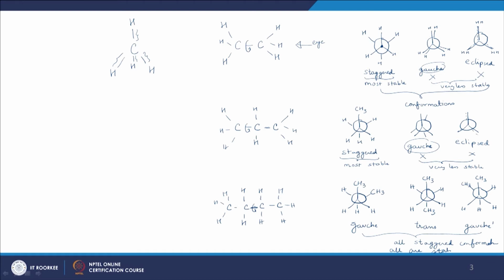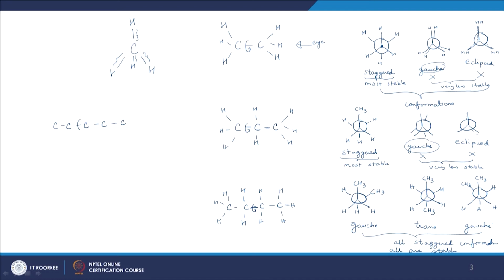Now, if I extend the logic to, for example, molecules like pentane, hexane and so on, what you will see is there is a possibility of many possible conformations. For example, let us say I take the case of the pentane molecule. Now, in the case of butane, we looked at rotation around one particular carbon-carbon bond.